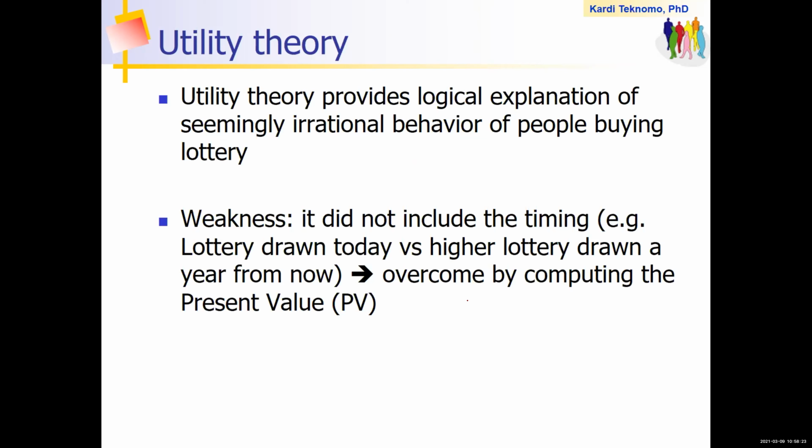So now the problem here in utility theory is that it does not include the timing. For example, the lottery drawn today, okay, versus higher lottery drawn by a year from now will be different, right? But this problem can be overcome by computing the present value, like the one that you practiced in the last assignment.